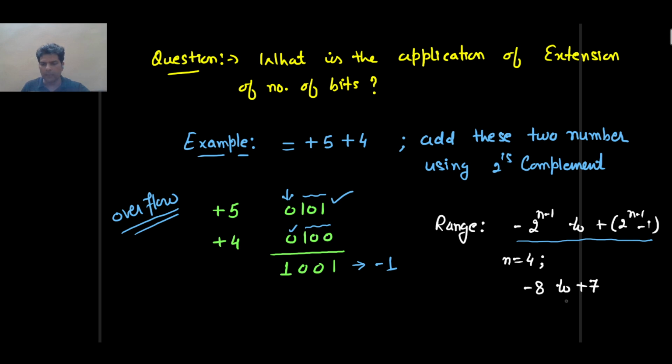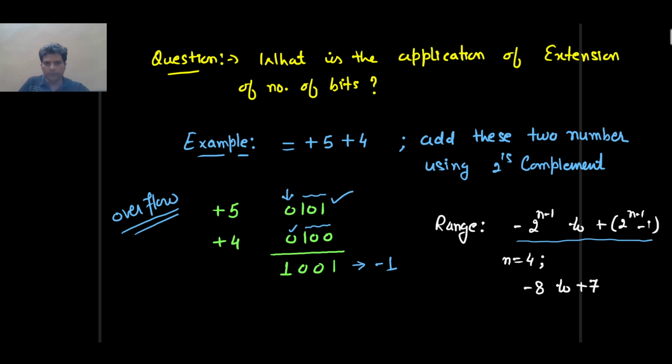We can represent from minus 8 to plus 7, but the answer here is plus 9. That is an overflow condition, meaning we cannot represent plus 9 in 4 bits. Again I am repeating, we cannot represent plus 9 in 4 bits.